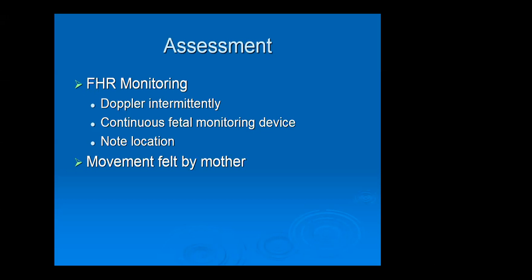Does she feel the normal kicks and turns and everything, or has it been a while, or is it about the normal amount of activity that she feels from the fetus? And again, document that at the start and then toward the end of your transfer, noting any changes there.